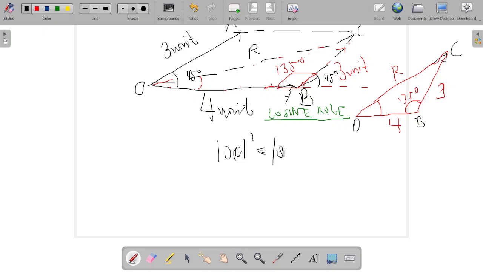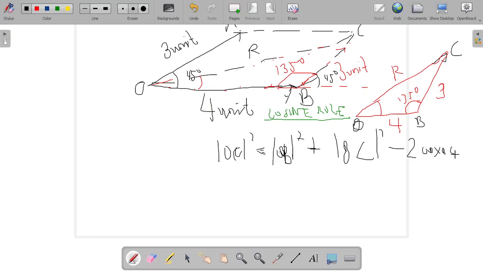So how do we solve it? OC is R. I'm sorry, we are not through with it. So OC square equals OB square plus BC square, minus, for the cosine rule, 2 times OB times BC times cos of the angle here, cos OC.